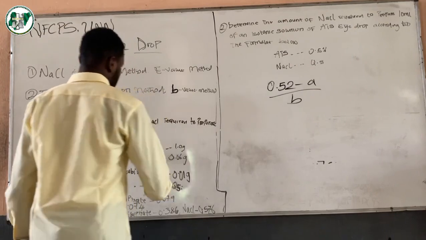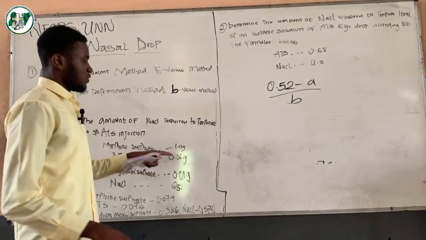The concentration of morphine sulfate given to us is 1 gram.